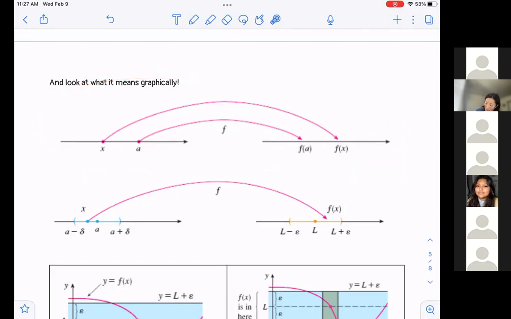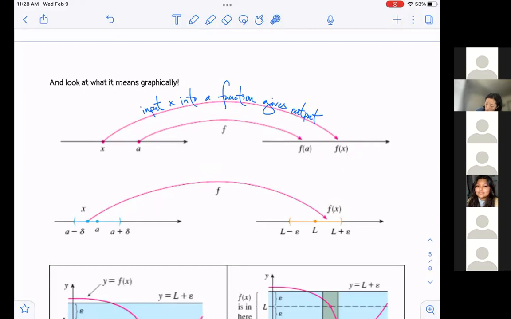So the idea here is that we have some value of x, and if we put x into a function, then what comes out is f of x, right? So if I input x into a function, it gives an output of f of x.